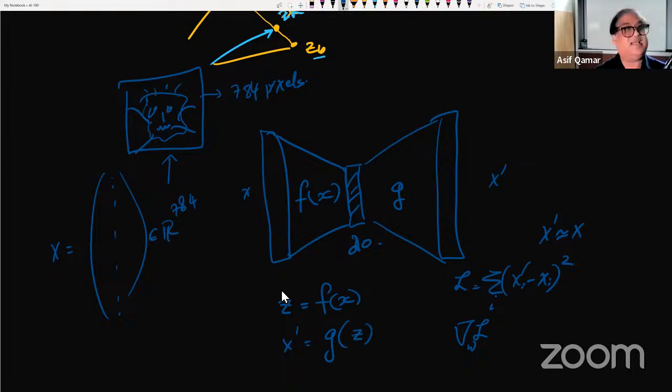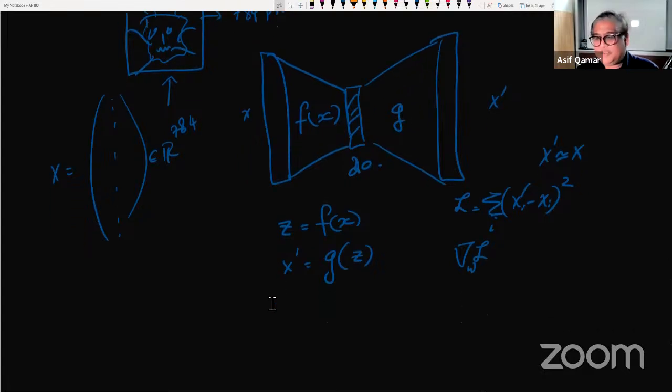So f is the encoder function, g is the decoder function. Or if you want, you use E and D, encoder, decoder. We don't use the letter E because E in machine learning stands for expectation value, and it can get confusing. Or it stands for error. E is used all over the place. So let's not use E. Let's use F and G. Make sense? So far, are we together, guys?